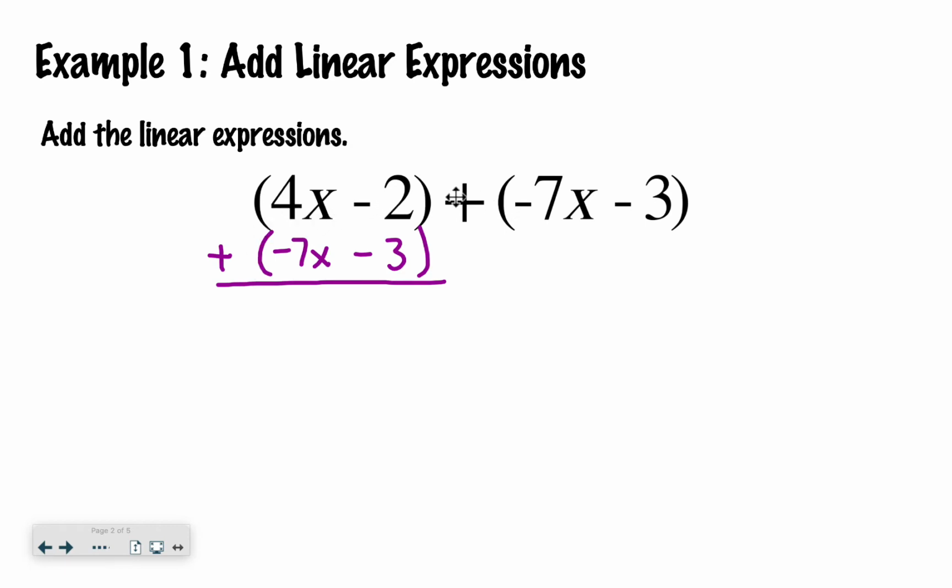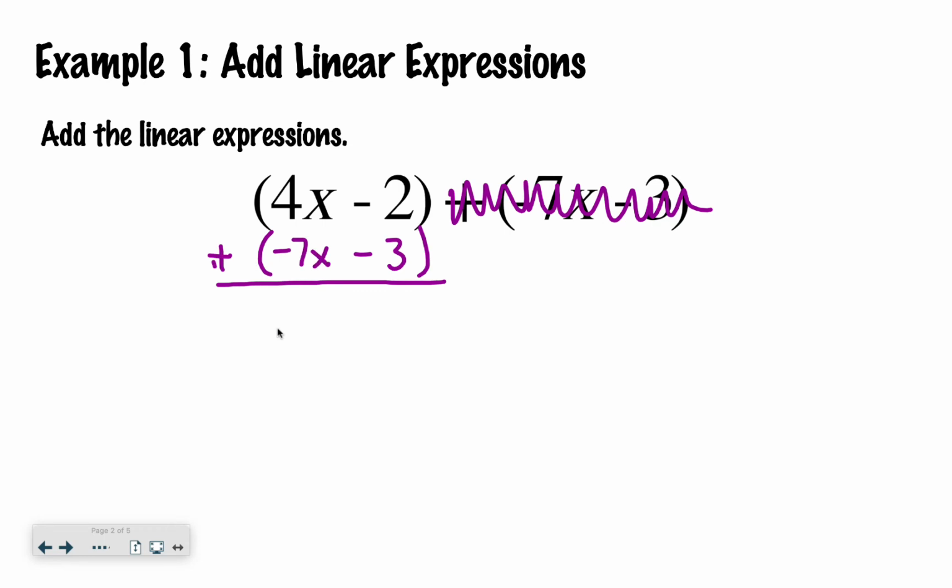And then once it has been rewritten vertically, now all I have to do is add. And you can notice that I made sure to put my x under my x and my regular number under my regular number.